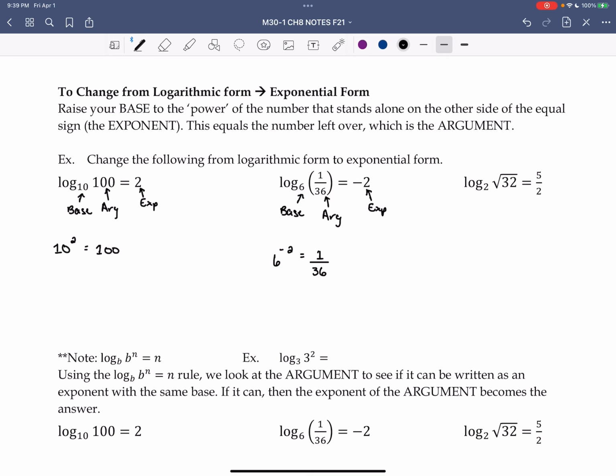And last one, log base 2 of square root of 32 equals 5 over 2, which is the exponent, leaving root 32 for the argument. In exponential form, this becomes the base 2 to the power of the exponent 5 over 2 equals the argument, square root of 32.